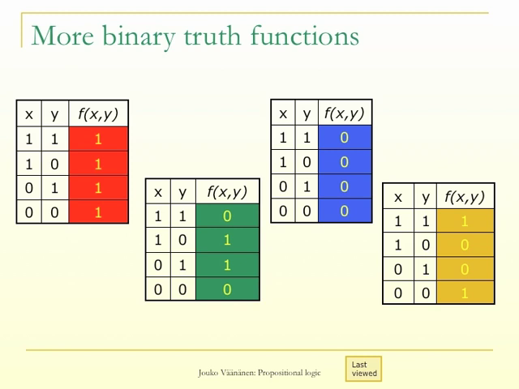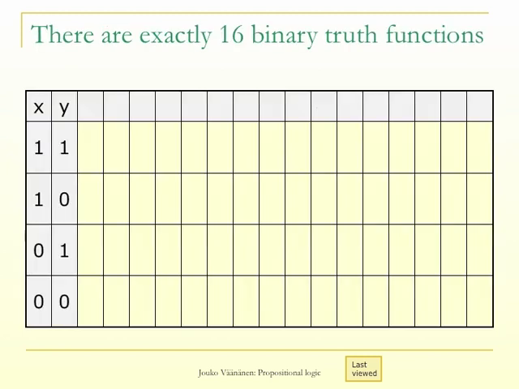Our familiar connectives pop up as truth functions, but there are also others. Here is a table of all binary truth functions. The table starts on the left, after the column for the arguments x and y, with the rather boring constant 0 truth function. Then comes a function that is 1 only if both x and y are 0.